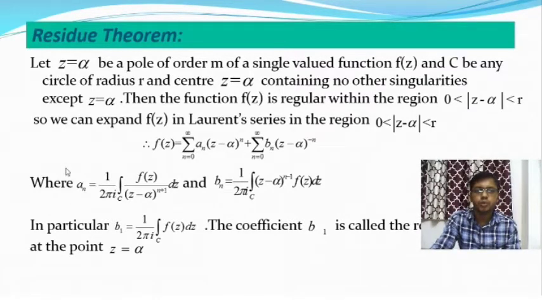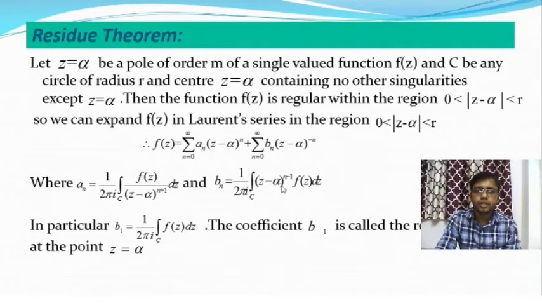In this case b_n equals 1 by 2 pi i times the closed integral over C of (z minus alpha) to the power n minus 1 times f of z dz. In particular, if we put n equals 1 in the second integral, we get b_1 equals 1 by 2 pi i times the closed integral over C of f of z dz.